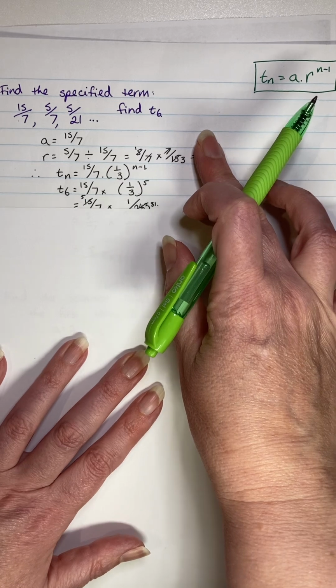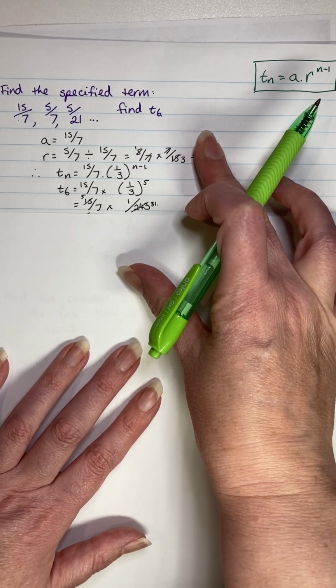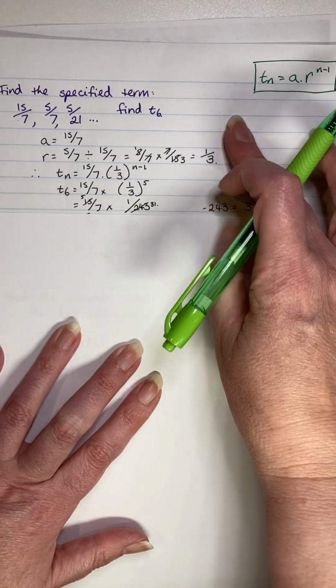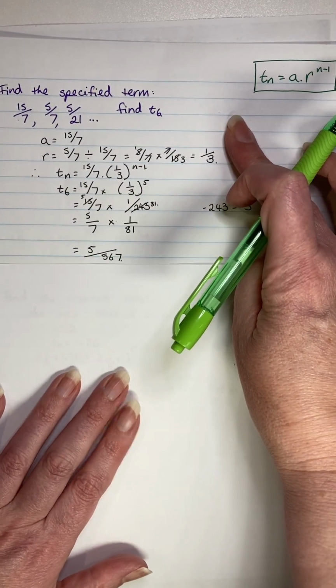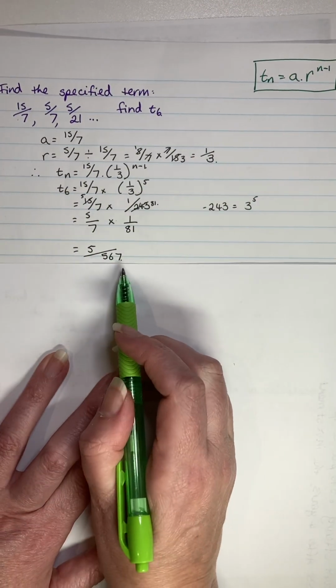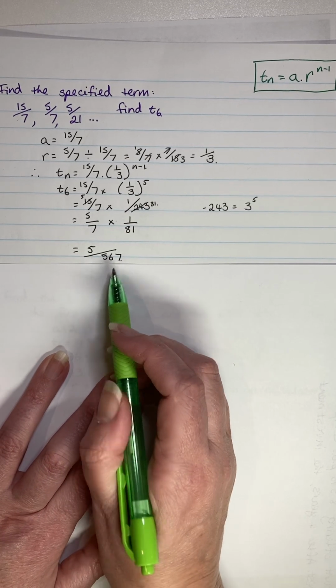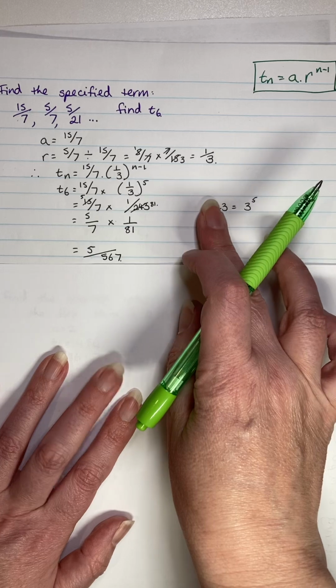Again, we keep everything as fractions. We cross cancel to make things simpler as we go, and we end up with our answer here. Not a particularly nice fraction, but we'll leave it as a fraction.